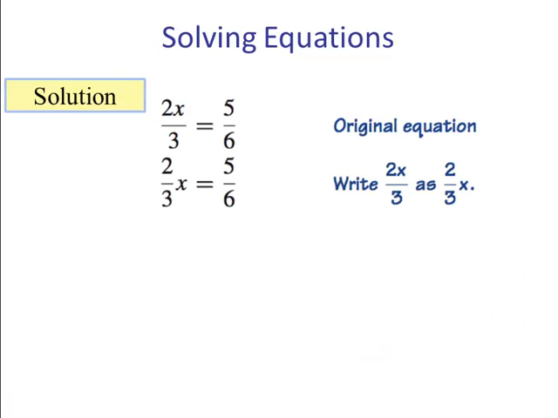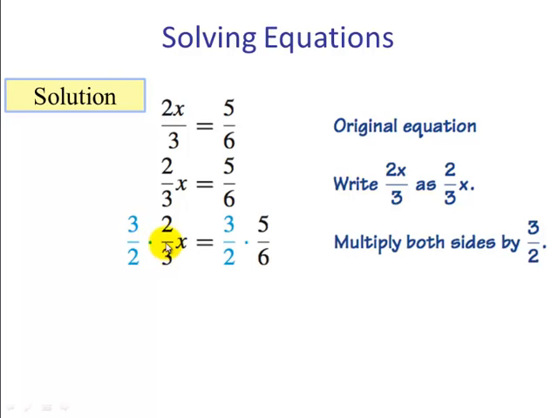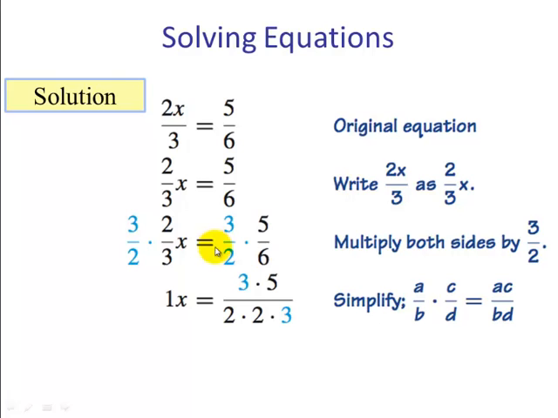So if we multiply both sides by 3 over 2, the 3's are going to cancel, the 2's are going to cancel. We're left with x. And if we take 3 over 2 and multiply it by 5 over 6, we're going to get 15 over 12, which reduces to 5/4.